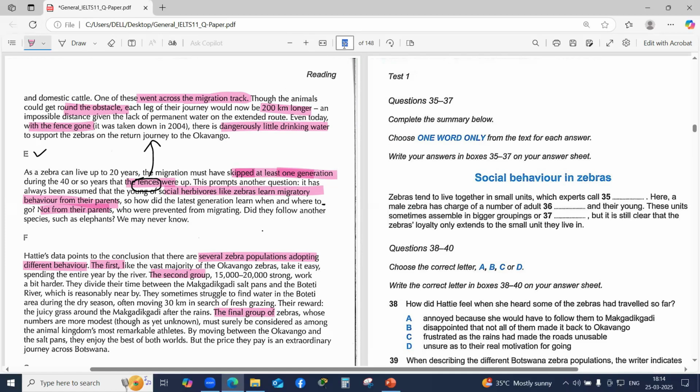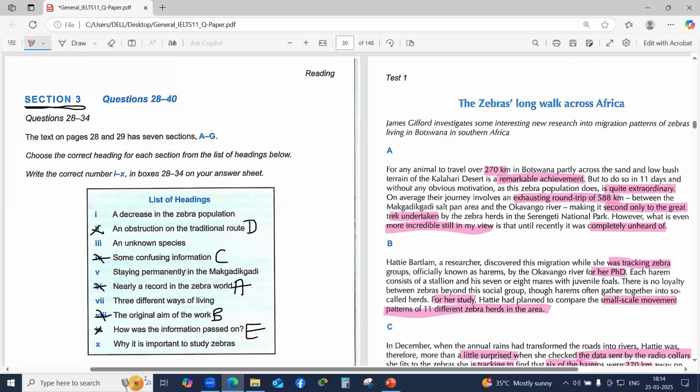So I think we got our answer. I saw three different ways of living somewhere. That should be the answer for sure. Yes, Roman number 7. Three different ways of living. We'll give it to F paragraph very clearly. So what are the remaining ones? 1, 3, 5, and 10. Okay, let's go and start solving.